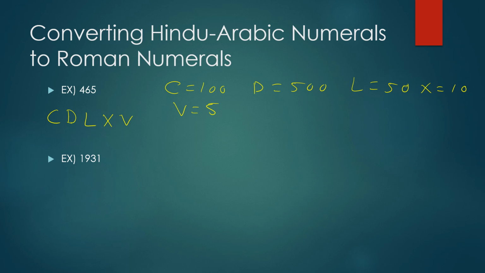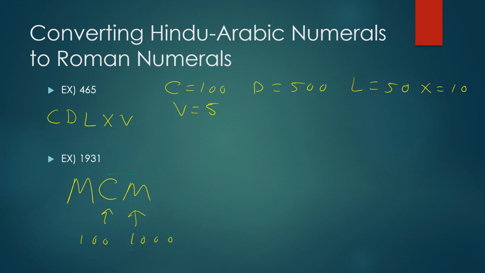Let's look at 1931. So we have the 1 in the front. Now that's going to be our M for the thousands. Now 900. Instead of doing a D and then 4 C's, we're going to do it simplifying by subtracting that 100 from the 1,000. So C is 100, and we're doing 100 less than the 1,000, which together combined gives us that 900.